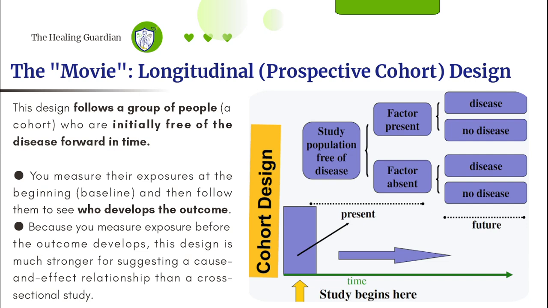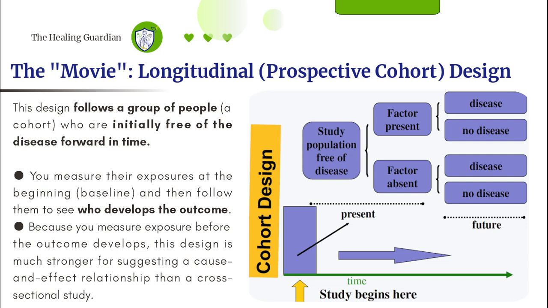So the most common and ideal is the prospective cohort. In this design, you follow a group of people who are initially free of the disease forward in time. Then you measure their exposures at the beginning. You follow them, then you see who will develop the outcome, what we call incidence. Because you measure exposure before the outcome, this design is much stronger for suggesting a cause and effect relationship than a cross-sectional study.